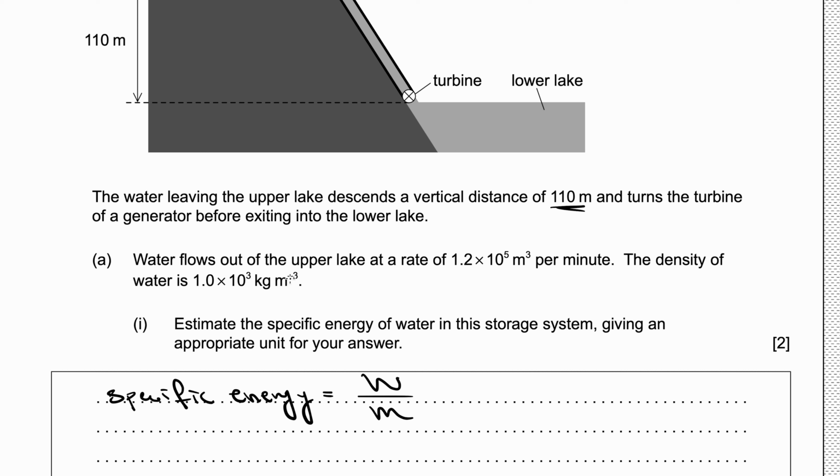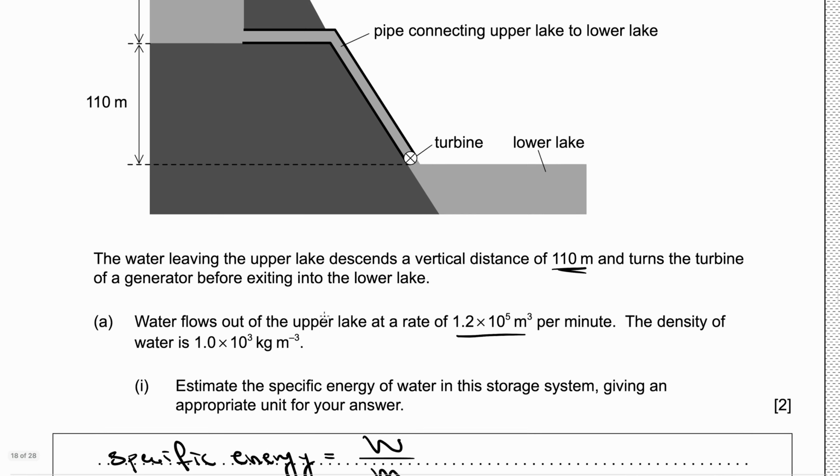Part A: water flows out of the upper lake at a rate of 1.2 times 10 to the power of 5 cubic meters per minute, and the density of the water is 1.0 times 10 to the power of 3 kilograms per cubic meter. We're asked to estimate the specific energy of water in this storage system, giving an appropriate unit.